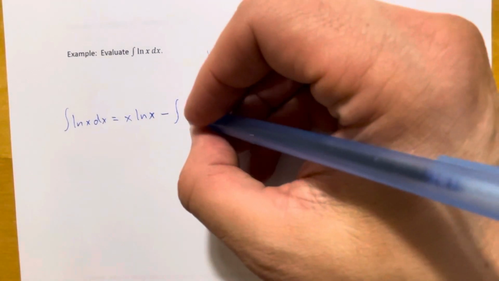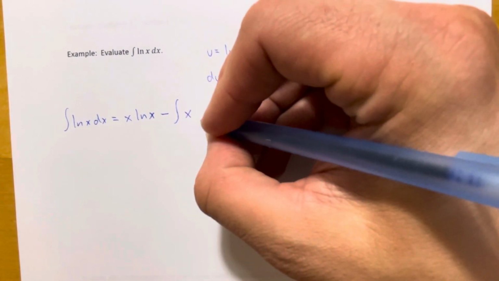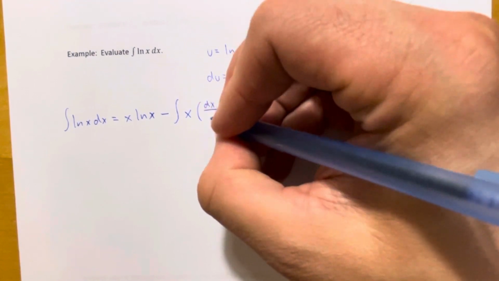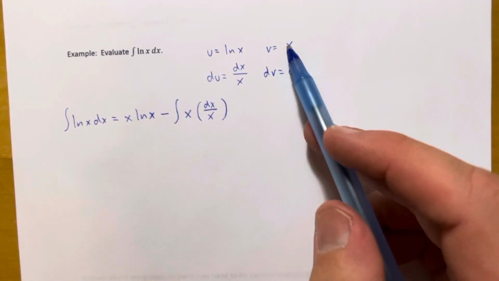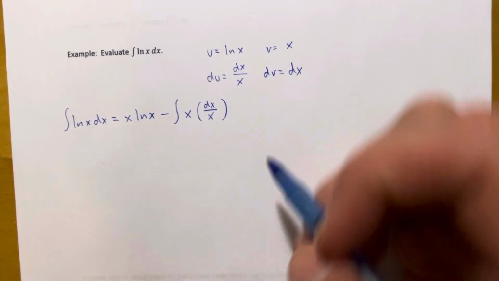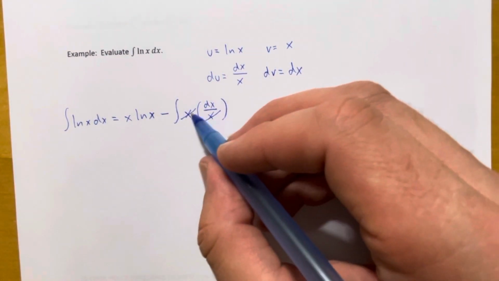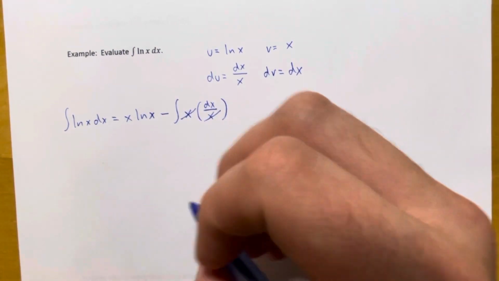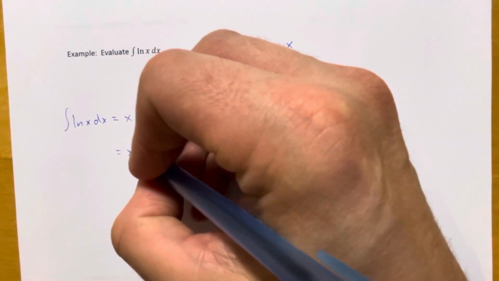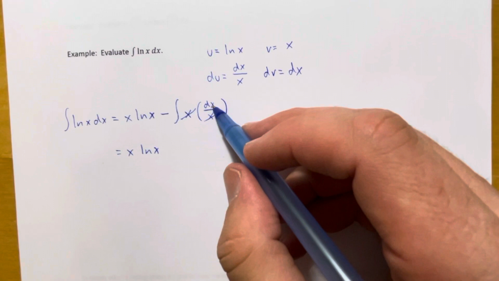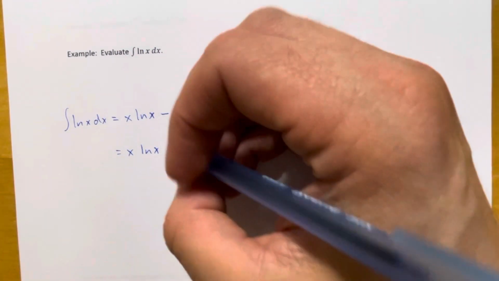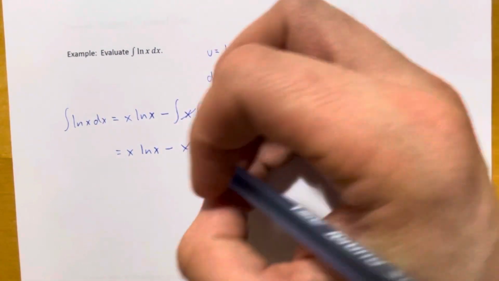So that's going to be x times dx over x, v du. But what happens here? Those x's cancel each other out and leaves me with just an integral of dx. Well, the integral of dx is just x, so I get minus x as my answer.